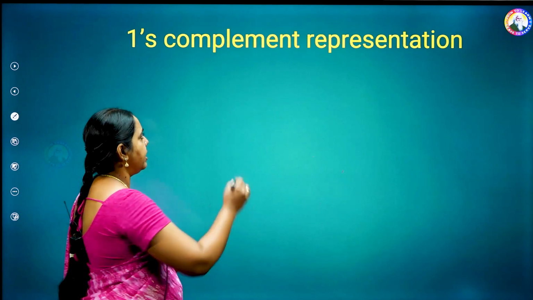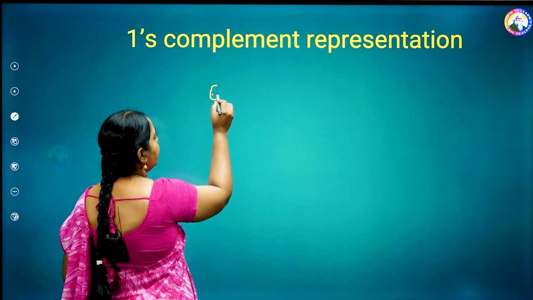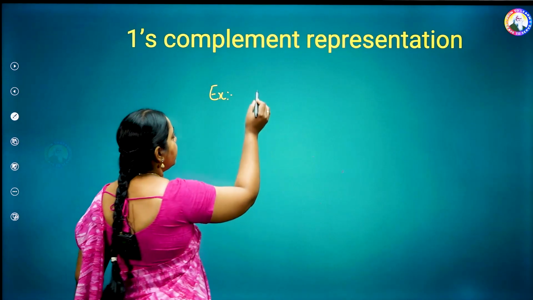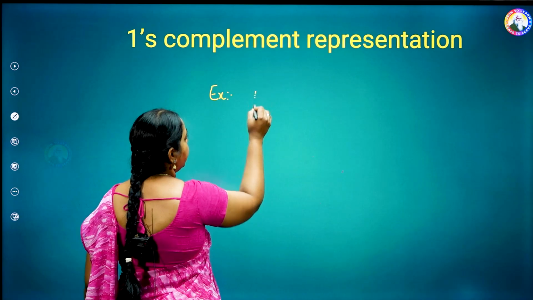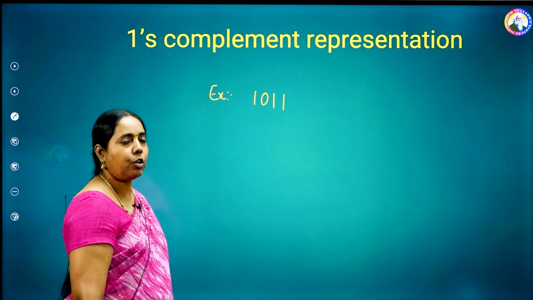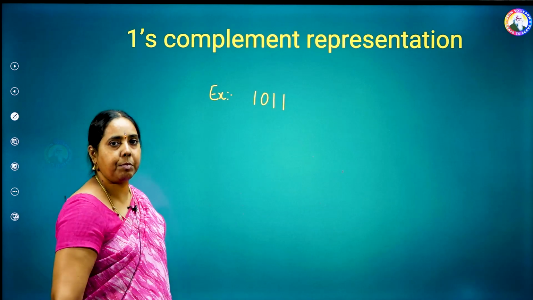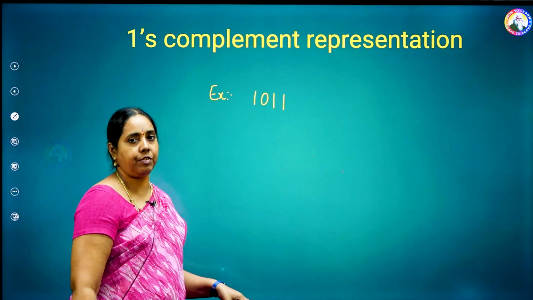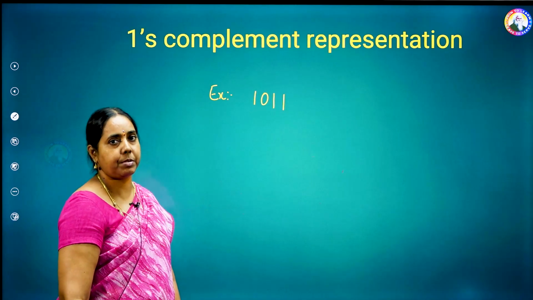Let us see one example of how to convert a given binary number to ones complement. I am taking 1 0 1 1, and I want to convert it to ones complement representation. As I already said, the process of inverting the given number is the ones complement representation.